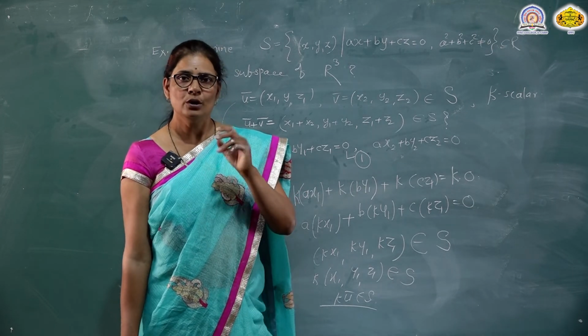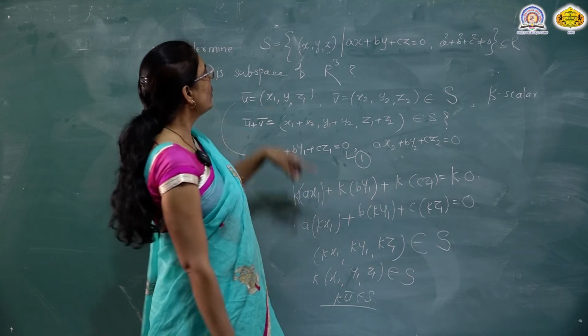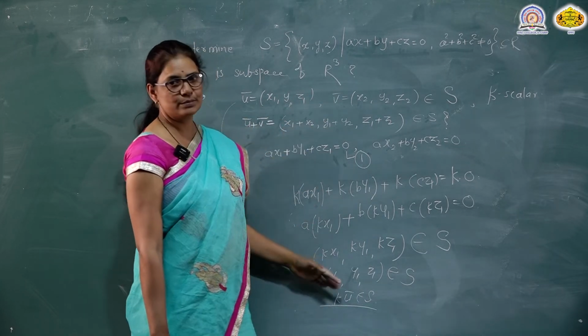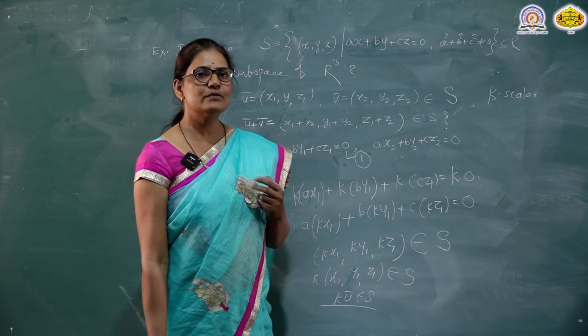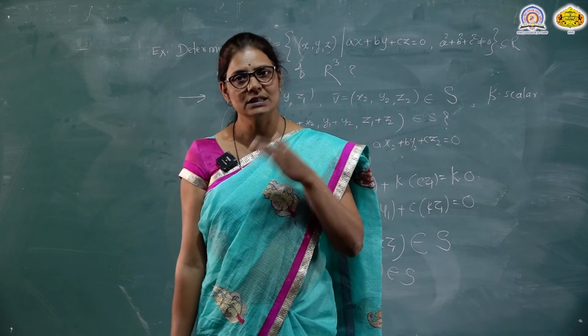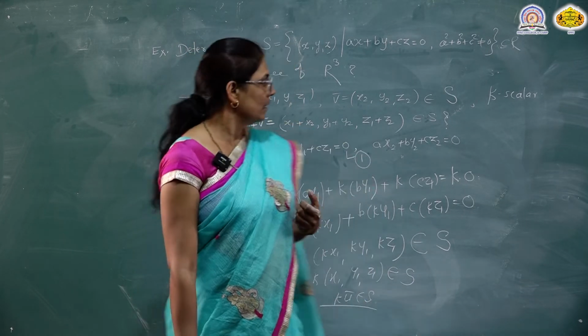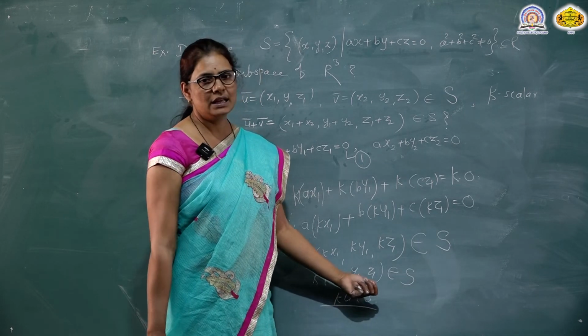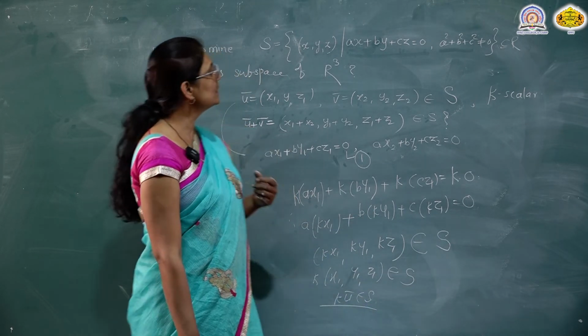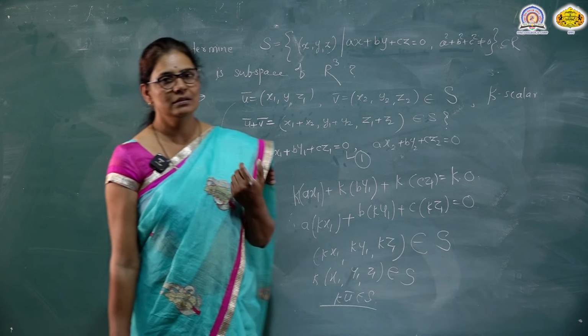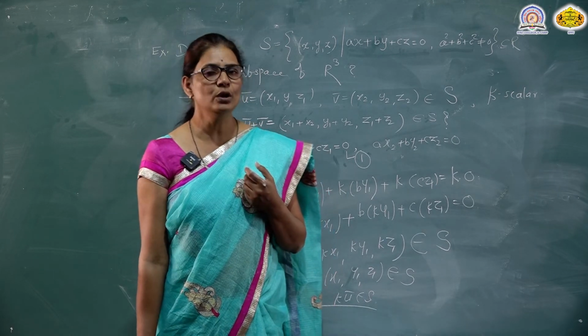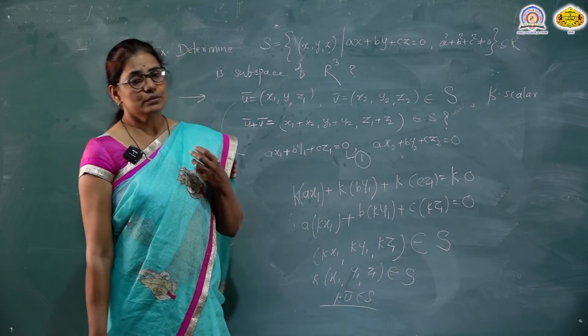This is one way to write the answer, or the other way we can go is this procedure. Take two elements from S and show that their addition is again in S and scalar multiplication is again in S. The same method can be used for a line passing through the origin.